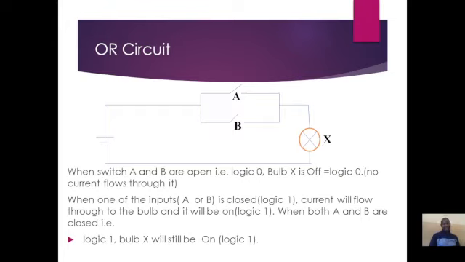If you close A, you see that there's going to be some flow of current and the bulb will be on. But when both are open, when both are at 0, the bulb will not turn on. So for the bulb to turn on, one of the switches must be closed, meaning one of the inputs must be 1, then the output is going to be 1.